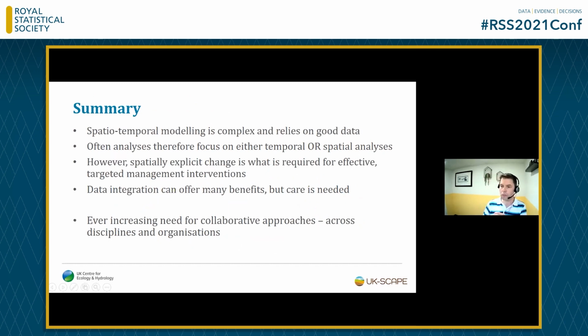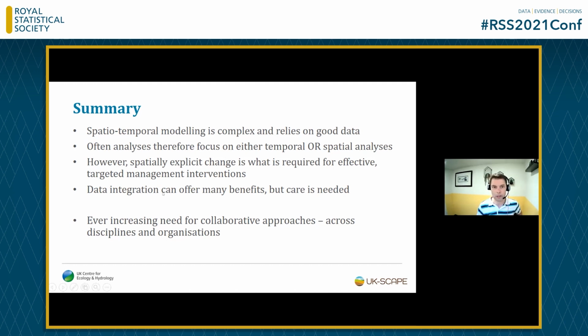So just to summarize, spatial-temporal modeling is complex and relies on good data. I think we all know and appreciate that. But for that reason, especially with vegetation data, which is a bit of a Cinderella of ecological data collection, there's either a temporal or a spatial analytical focus, but that's not necessarily what is required by policy makers for instigating change or mitigation strategies.